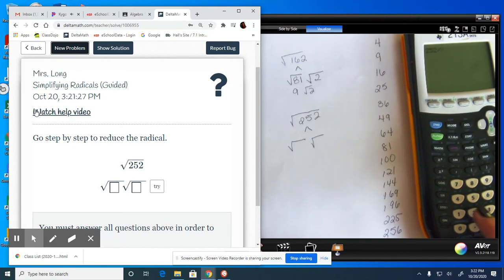So 252 divided by 225, no good. 252 divided by 196, no good. 252 divided by 169, still no good.